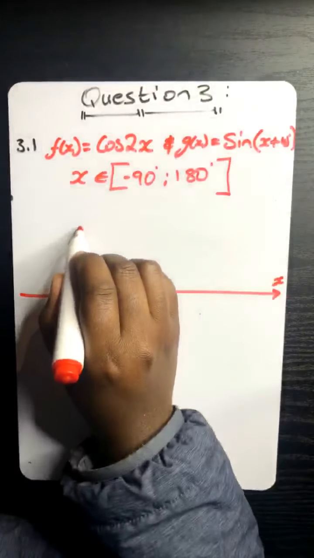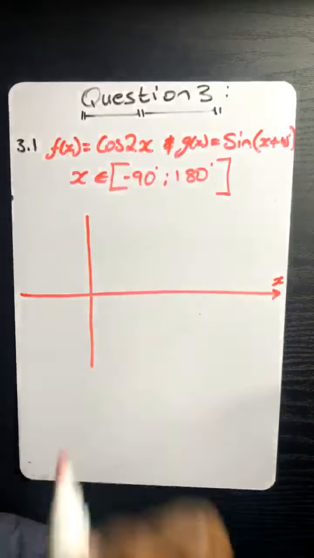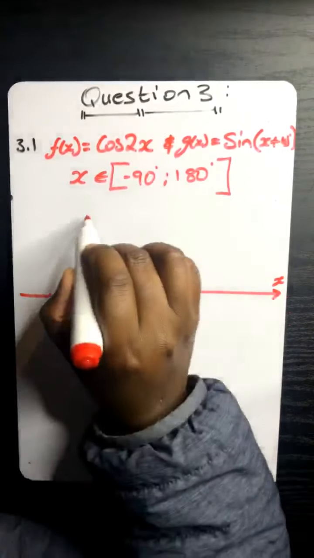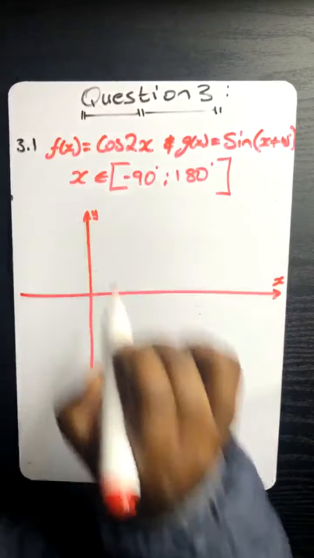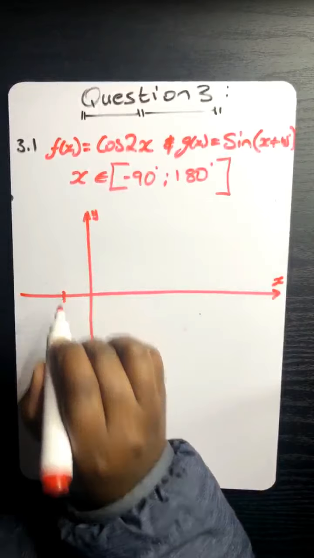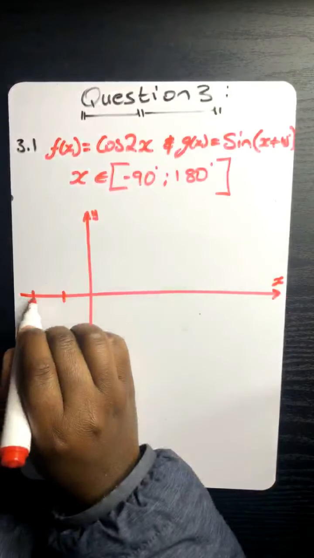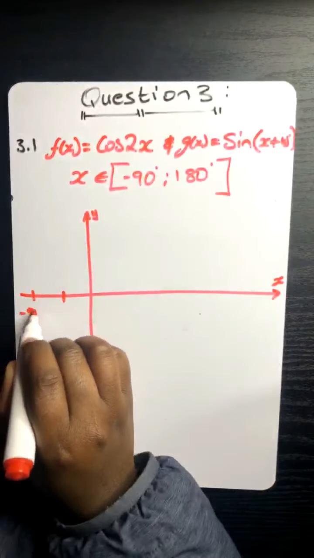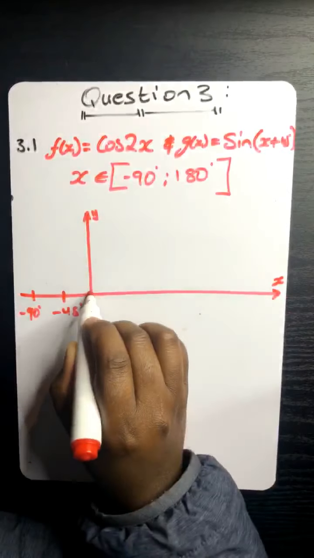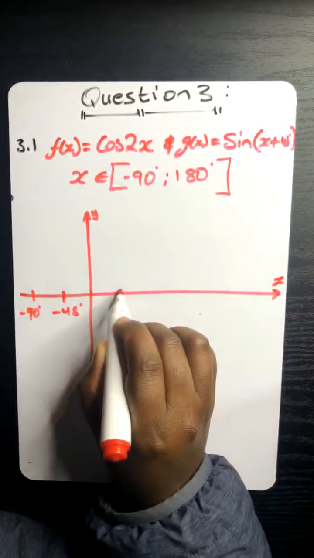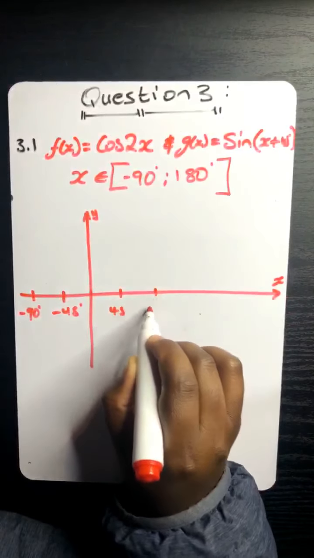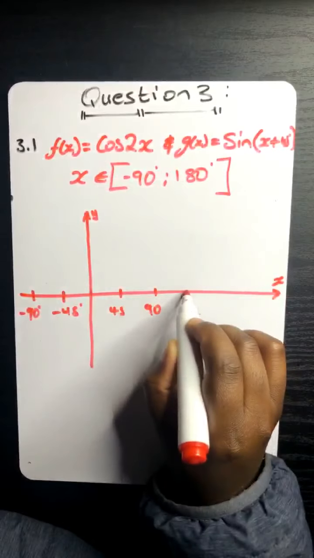That is why I'm just going to have my vertical y-axis over there, so that I've got negative 45 and negative 90. Very, very much important that you write that information over there. Obviously here it's 0. Let's say positive 45, positive 90.